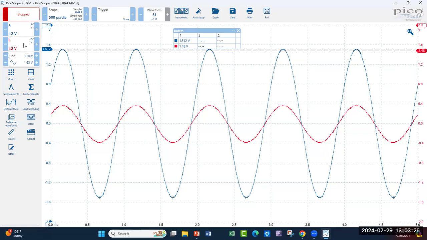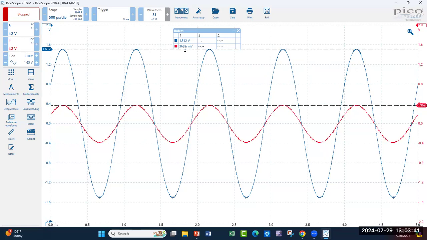They're both at 2 volts per division, and it goes to show my red trace is quite a bit smaller, which is what we had calculated it to be. If I bring my cursor down to the tippy top of the peaks of the red trace, I can see I've got a 368.6 millivolt peak against my 1.512 volt peak on my input.